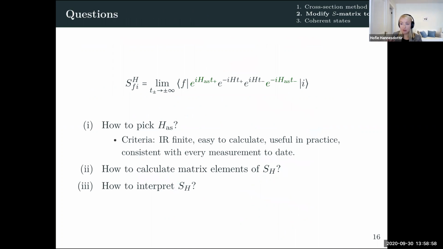So if we accept that this may be a sensible thing to do, then that immediately raises some questions. First of all, how do we pick this asymptotic Hamiltonian? There are some criteria.